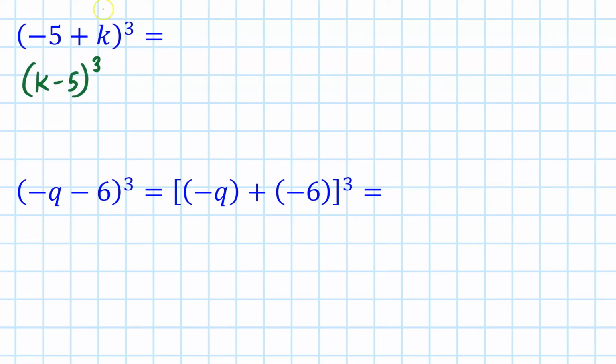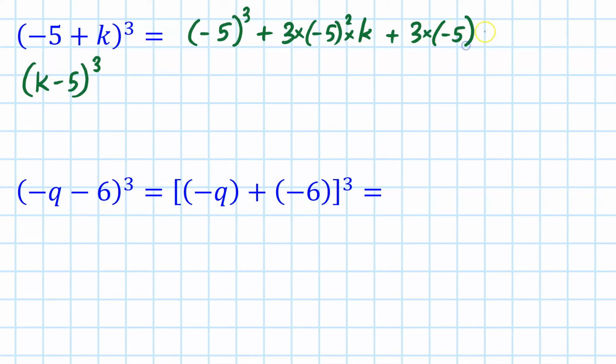Well, let's expand as this, in this case, x plus y form. So (-5) cubed plus 3 times (-5) squared times y, which is k, plus 3 times -5 times k squared plus k cubed.